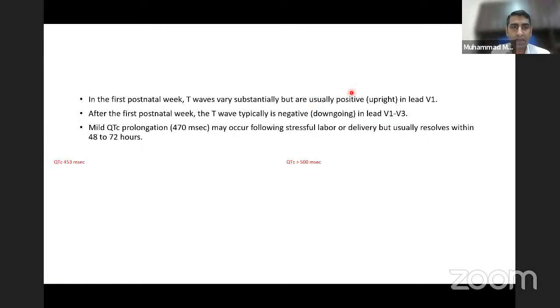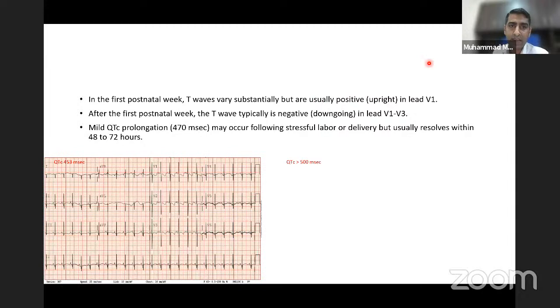The other thing is that in the first postnatal week, T waves vary substantially, usually positive in lead V1. But after a week, the T waves become negative from V1 to V3, and it stays the same up to the age of 7 years.